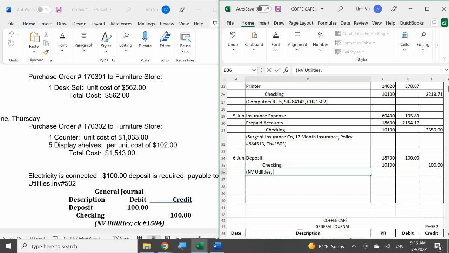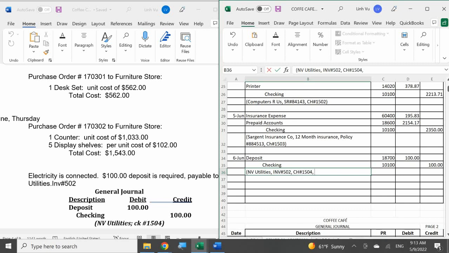Okay. What was my invoice number? The invoice that proved that we had a transaction? 502. And what's another proof of transaction? That I wrote them check number 1504.